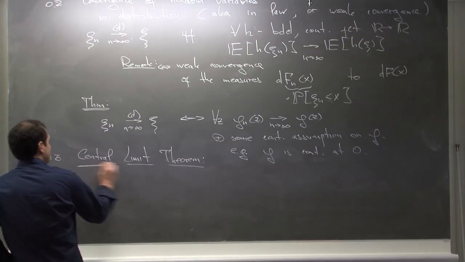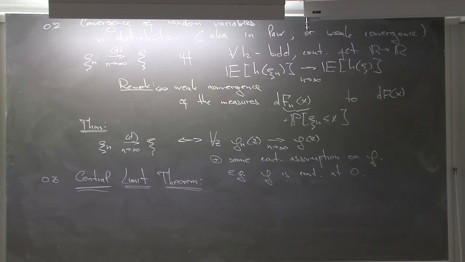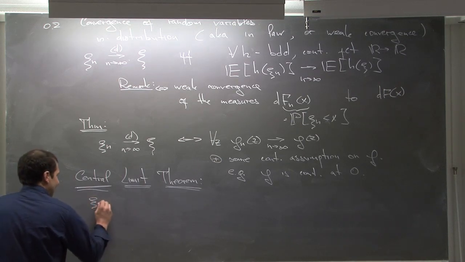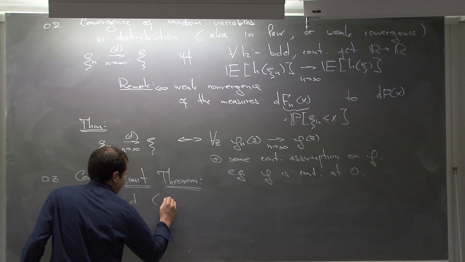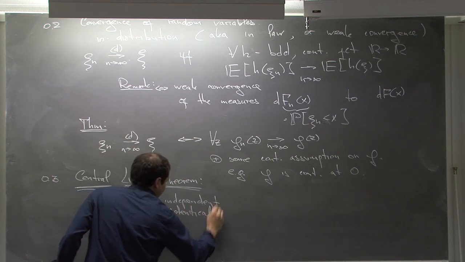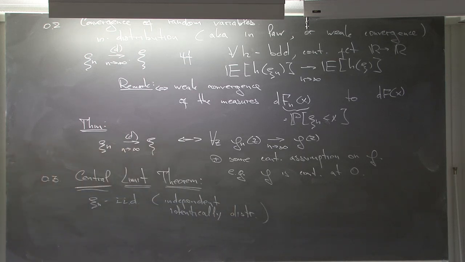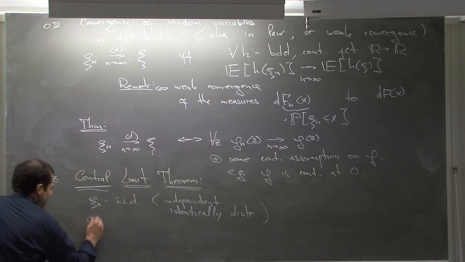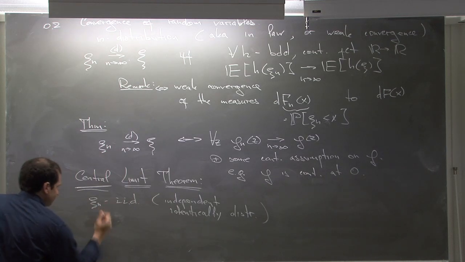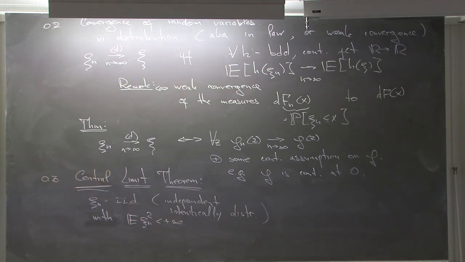So it says, if we have a sequence of independent identically distributed random variables, and they have finite second moments, they're all the same.